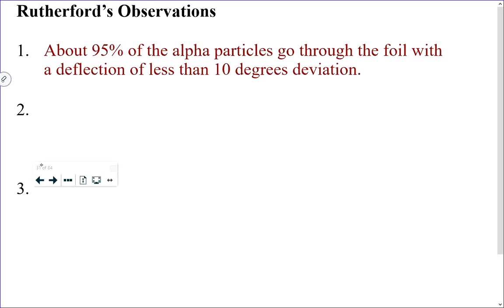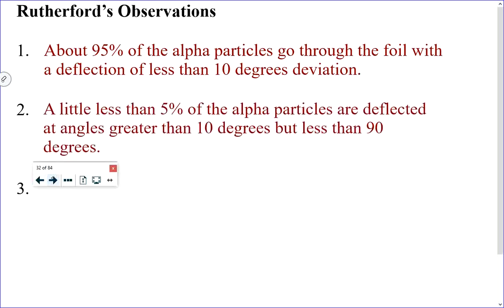That means that if the alpha particles are traveling from left to right, they are detected on the detection screen on the other side of the foil, but they're detected at wider angles than 10 degrees, but not past 90. So what we say is a little less than 5% are deflected at angles greater than 10, but less than 90. These numbers are not important to memorize. They're there for you to think about the distribution of scatters that happen.